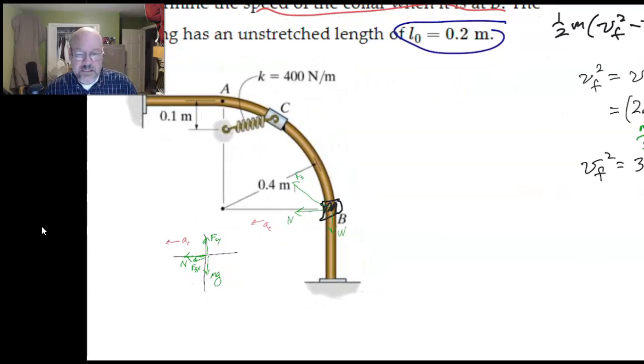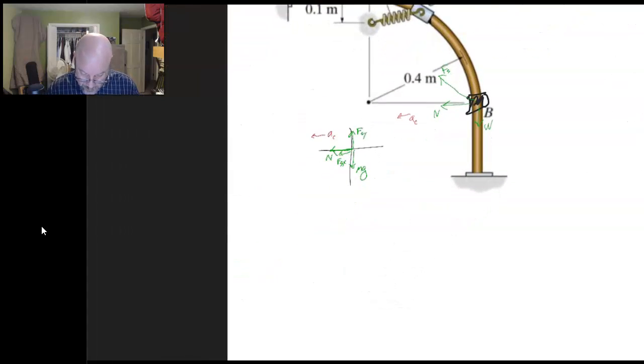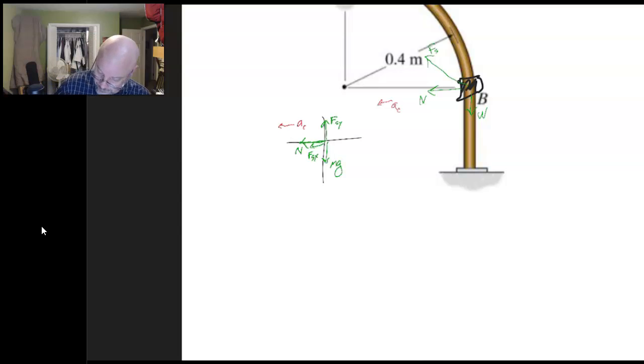Okay, so that's a little small there. We will work with it. So let's look at our forces. What's happening vertically, we don't care, because I said I'm interested in the normal force. I want to know what the normal force is, so we're not going to worry about the vertical information.